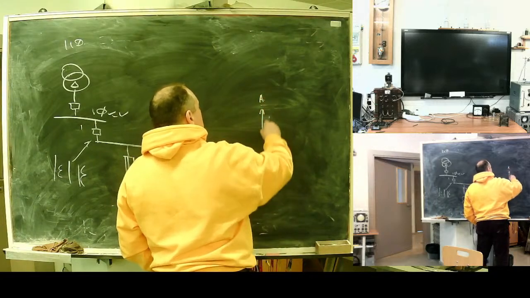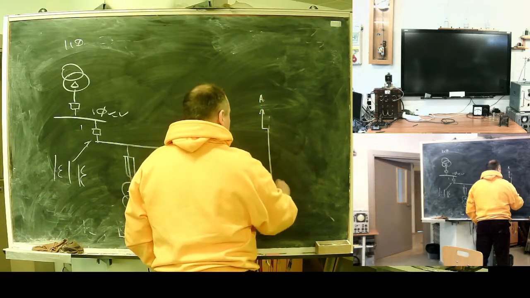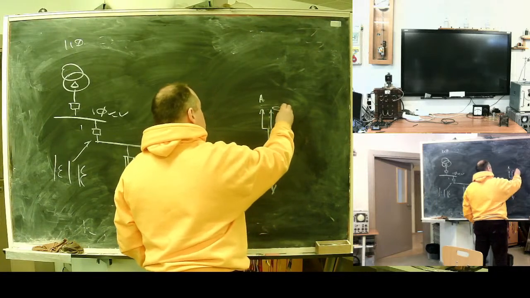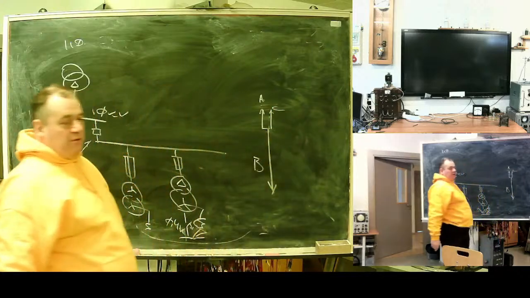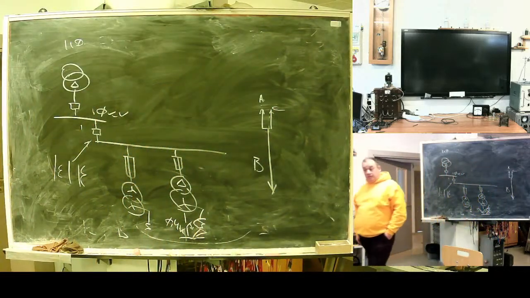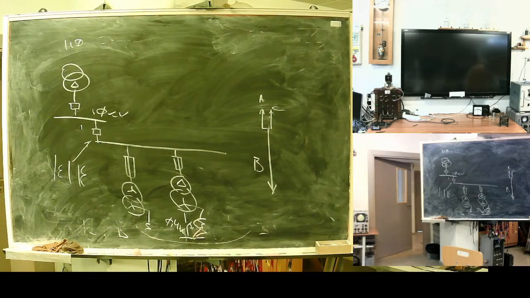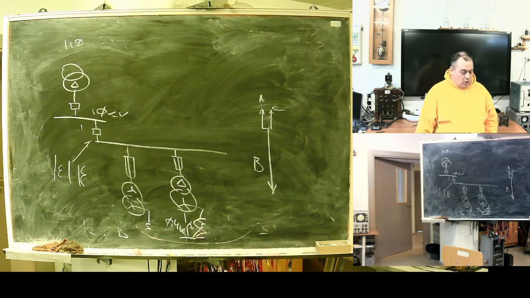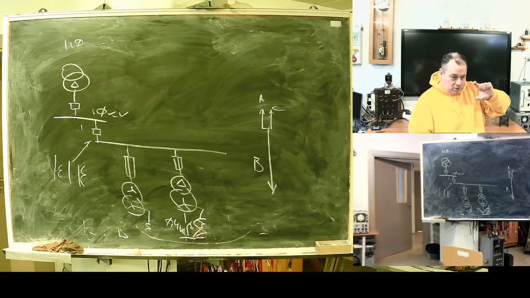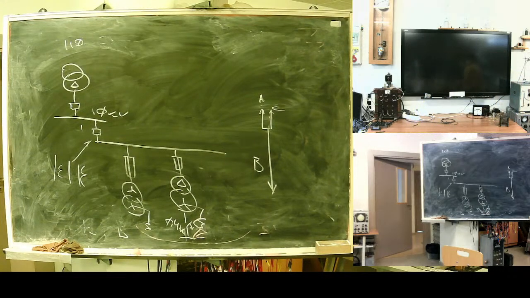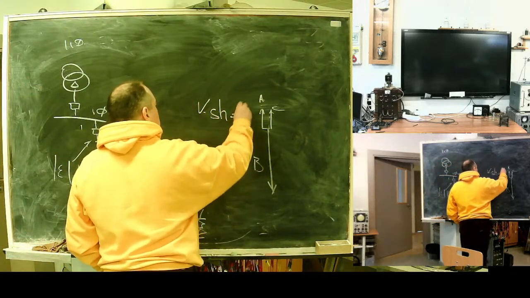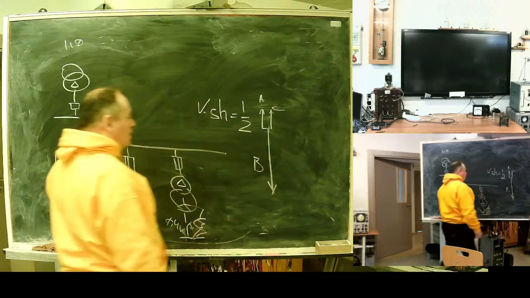Small a, long b, and small c. Remember my lectures from previous semester? I simulated this fault. And here on primary side, what we saw? One big and two small. Here we will have schematics factor 1/2.